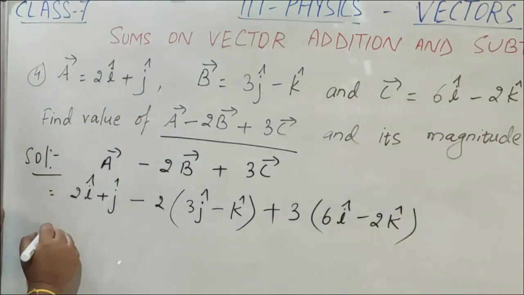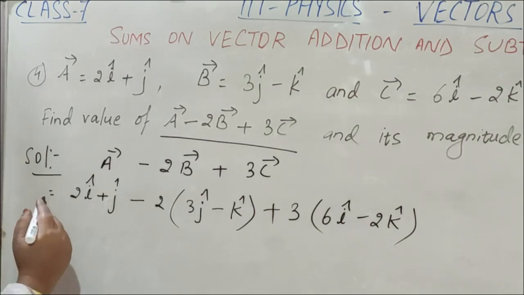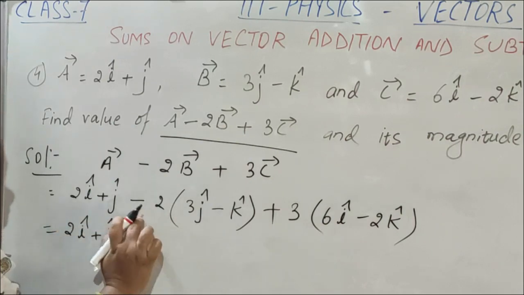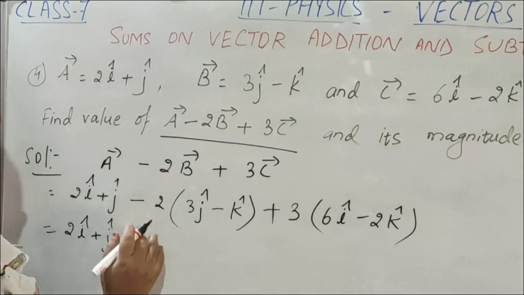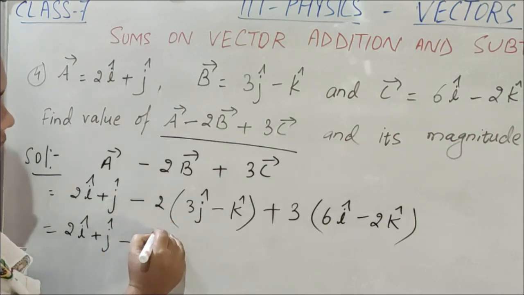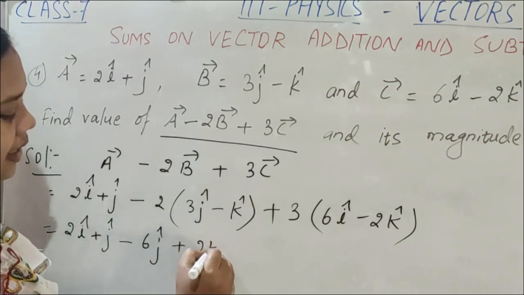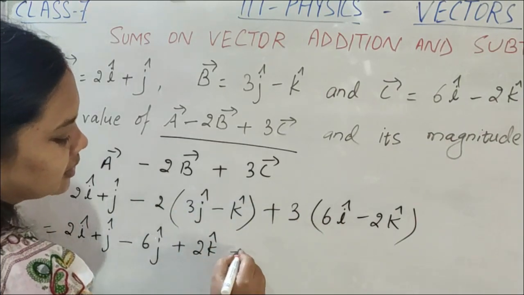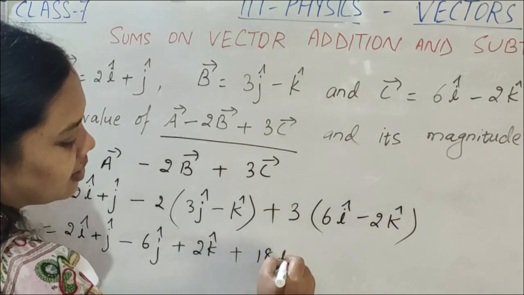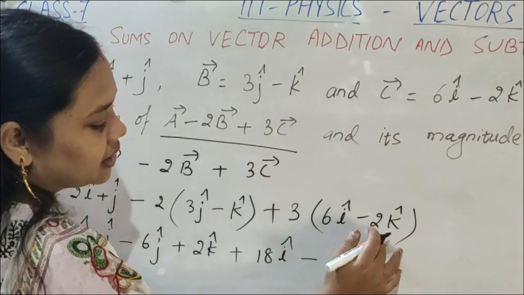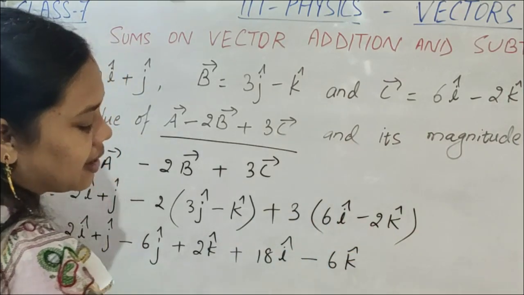Very simple, children. Like the equations you are doing now, quadratic equations in maths, just like that. 2i cap plus j cap. Now multiply: minus 2 threes are 6, j cap, minus into minus plus 2k cap, then plus 6 threes are 18 i cap, plus into minus, minus 3 twos are 6 k cap.